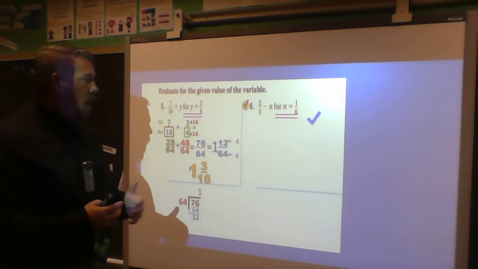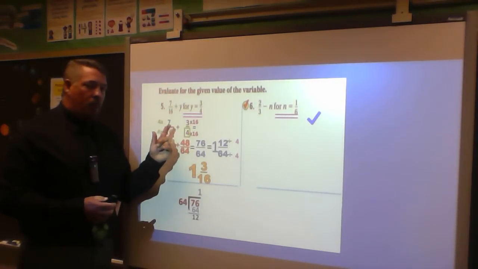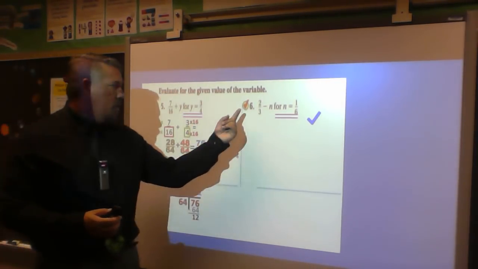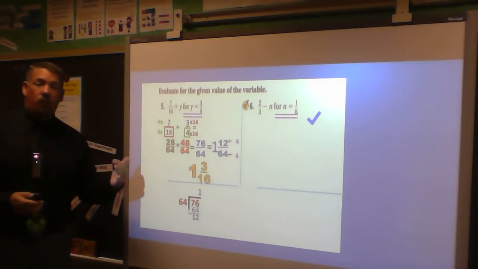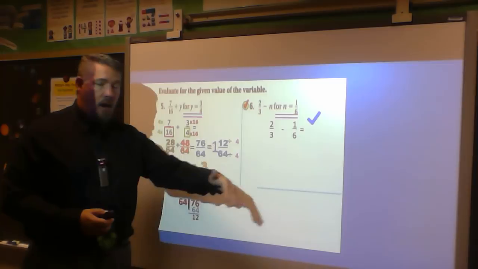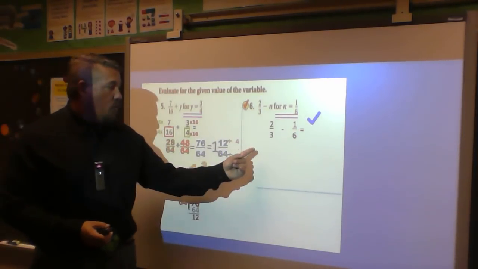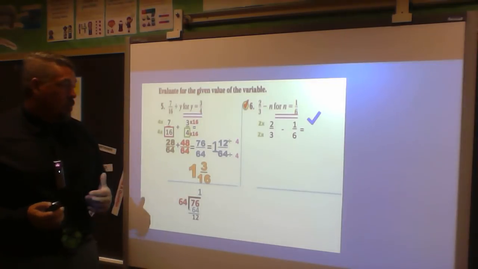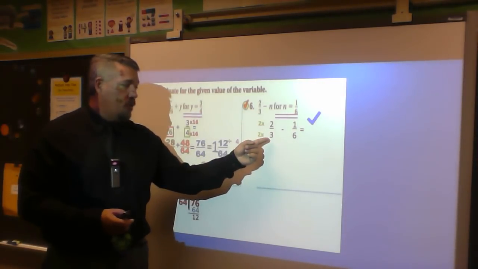When I look at it though, I'm going to see that I have a 6. Here I multiplied by opposite denominators. Let's do it, just so it's good practice, by finding the smallest common denominator. 6 indeed does work because 3 goes into 6 evenly. So if I keep the 1/6, then the only thing I have to change is the 2/3.